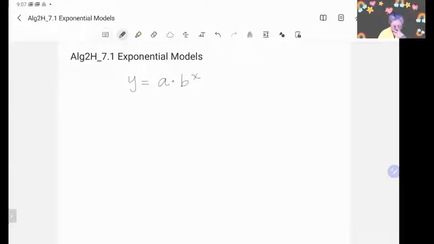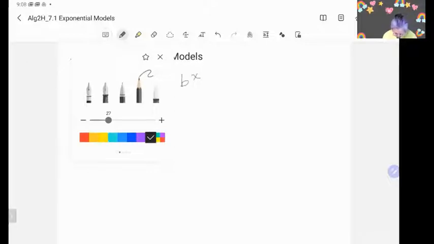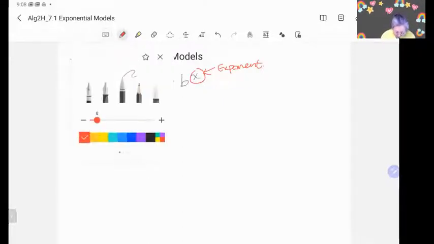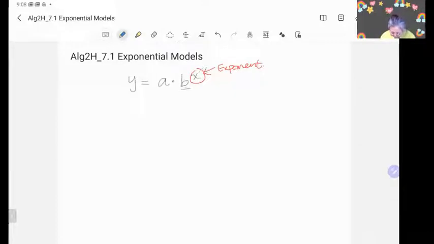But in this case, as you notice, this variable x is the exponent. Now, since the variable is the exponent, we have to have the base here. Then we call this base b the exponential factor.